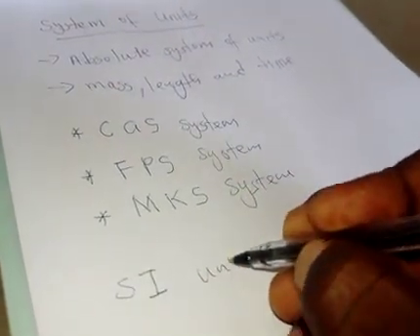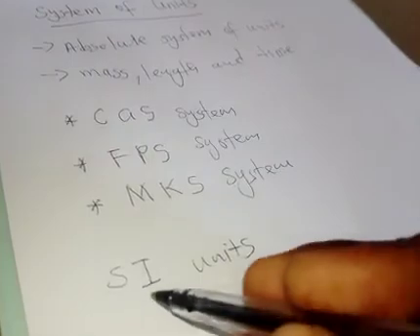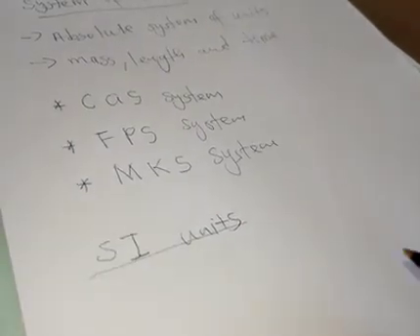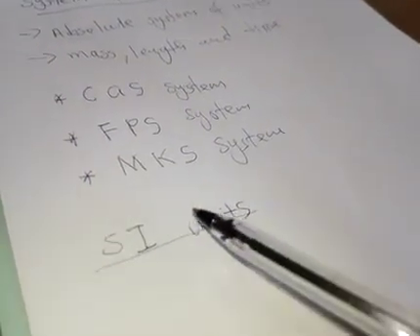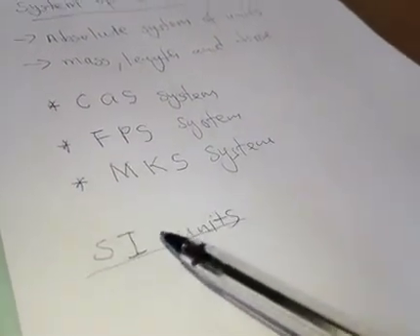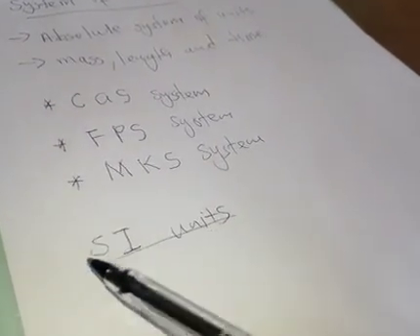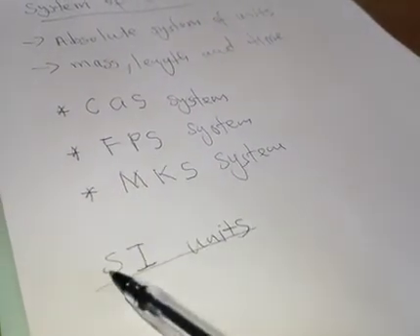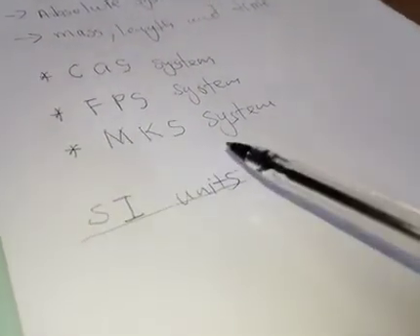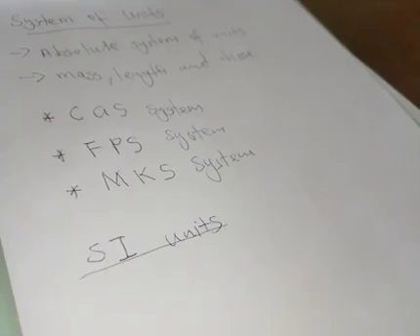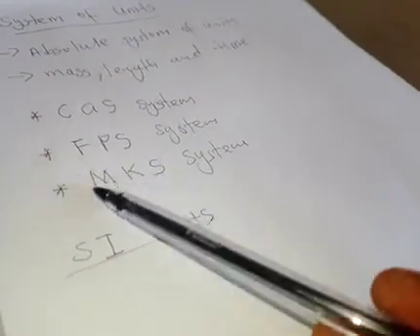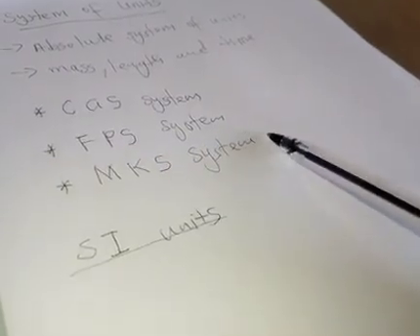Then from this we can move on to the international system of units, or simply SI units. So SI units stands for International System of Units, or Systeme International de Units. The International System of Units is simply an extension of the MKS system of units.